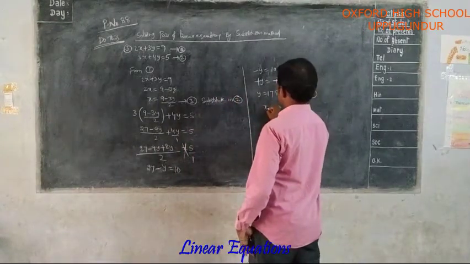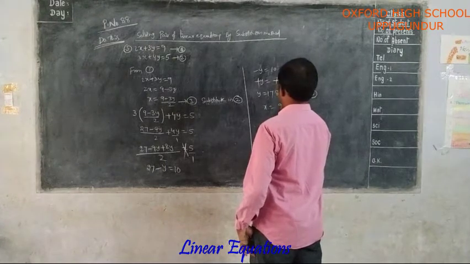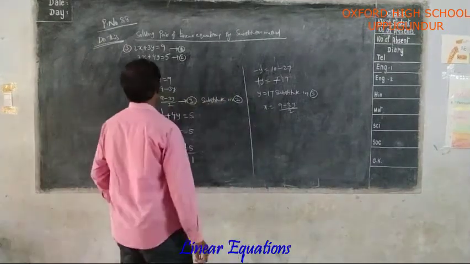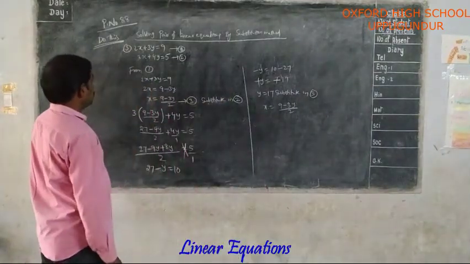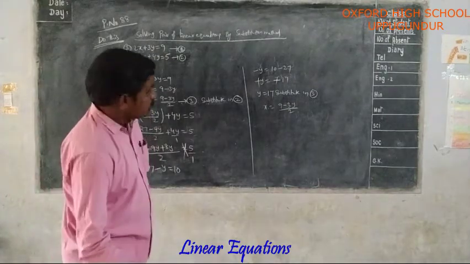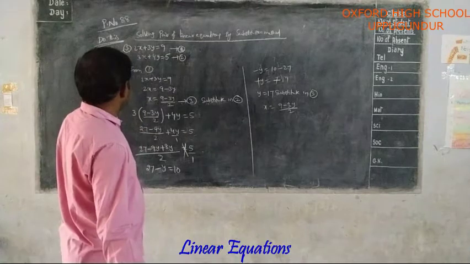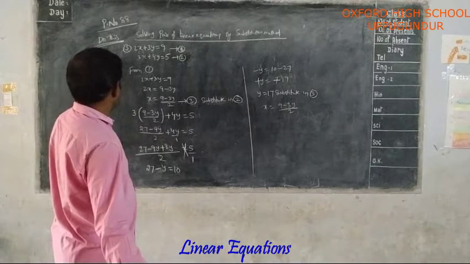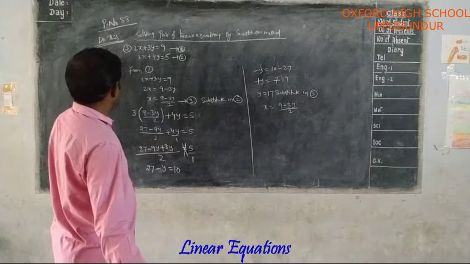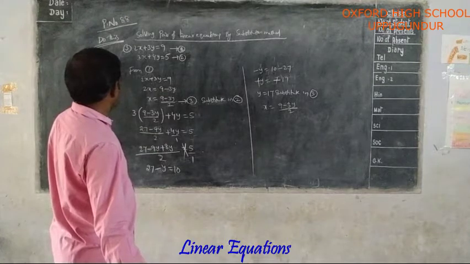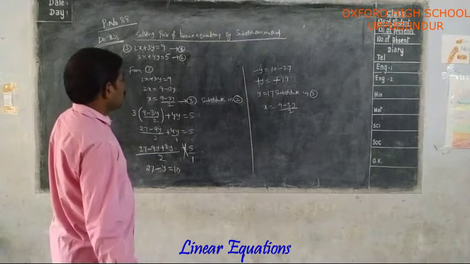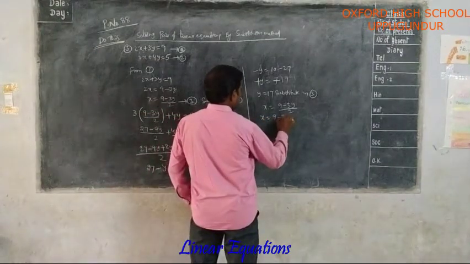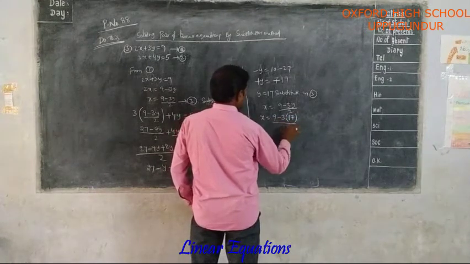What is x value? x equal to (9 minus 3y) by 2. x equal to 9 minus 3 into y value 17 by 2.